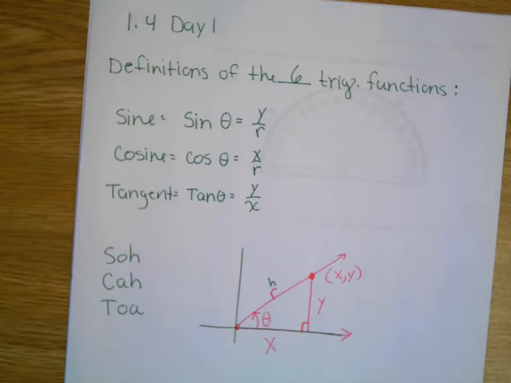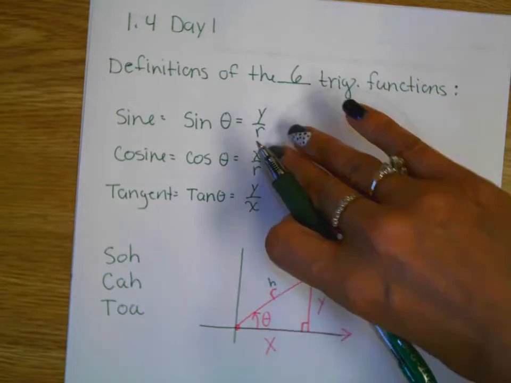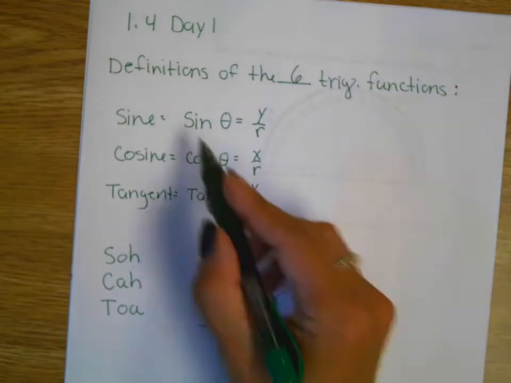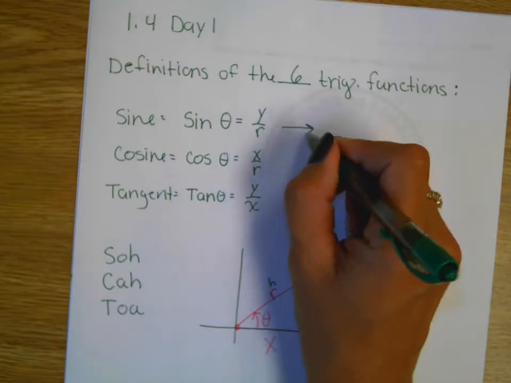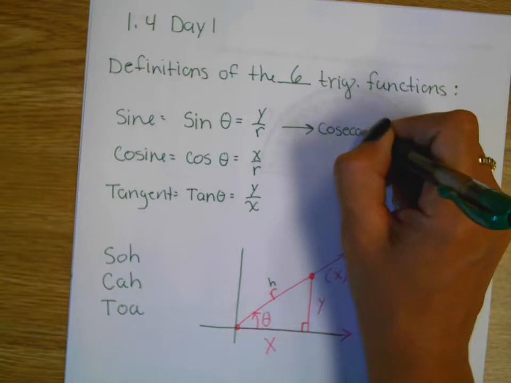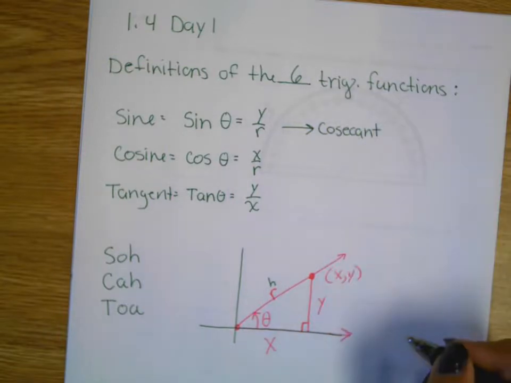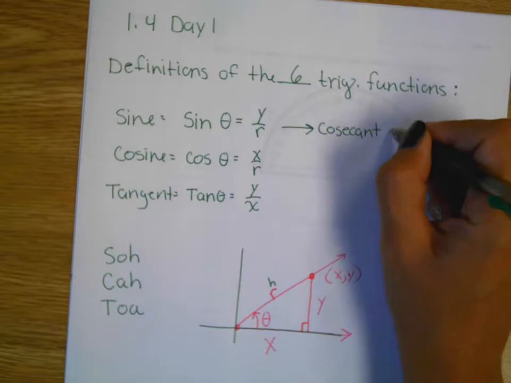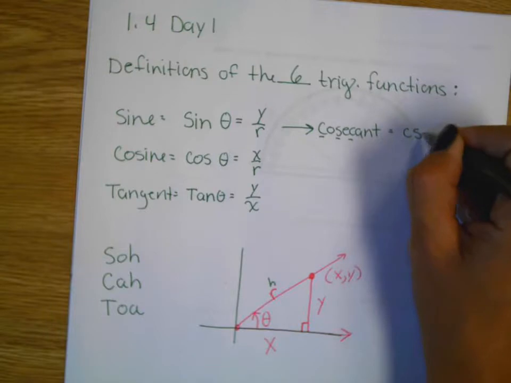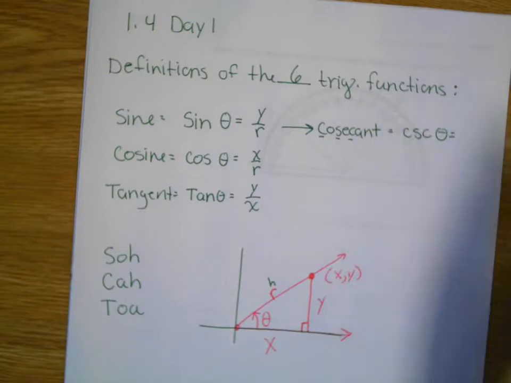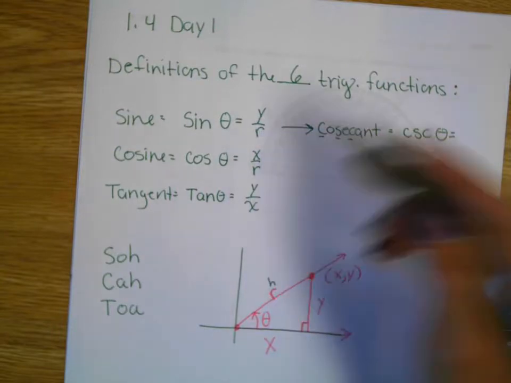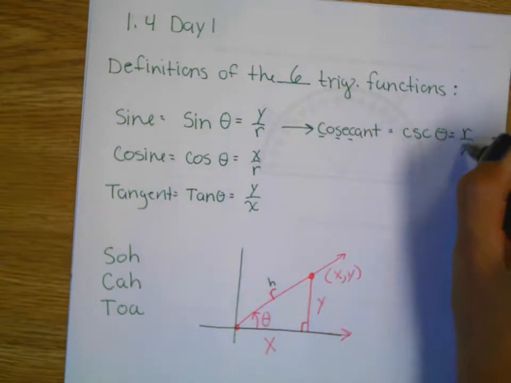The other three trig functions come from taking the reciprocal. Reciprocals flip the fraction over, and they get new names. Sine's reciprocal is cosecant, abbreviated CSC, so the cosecant ratio is r over y.